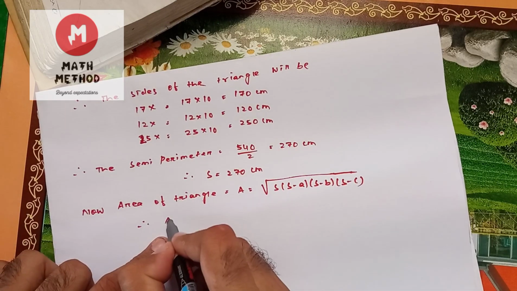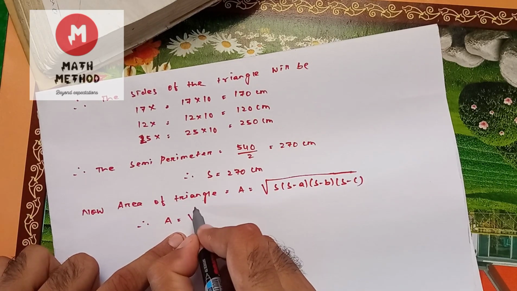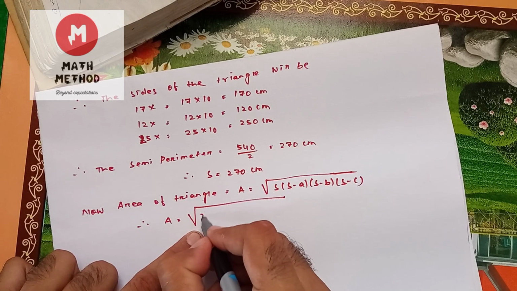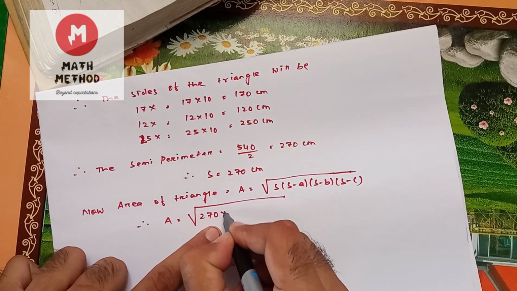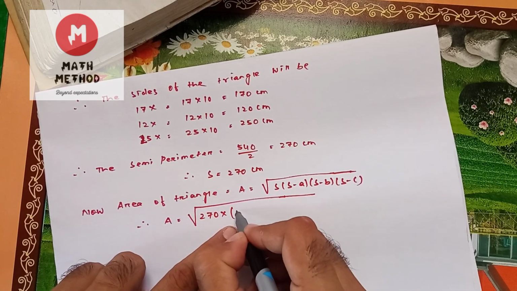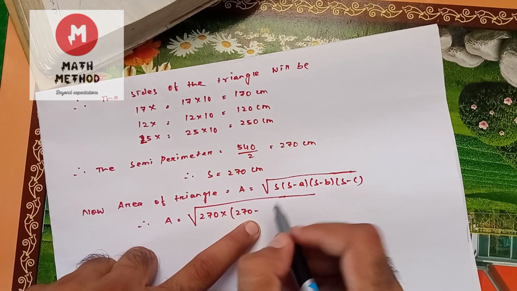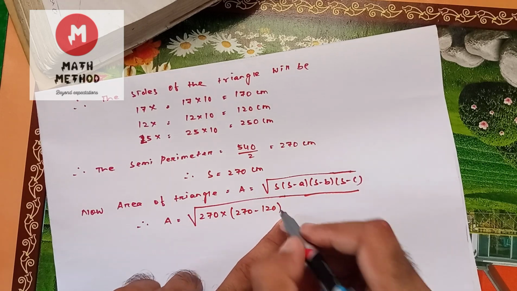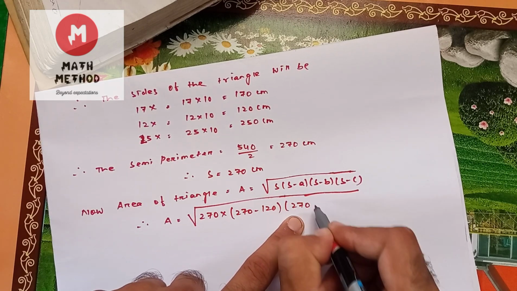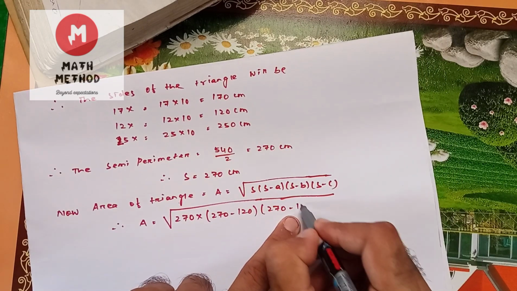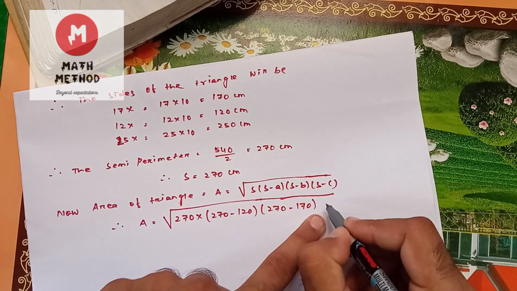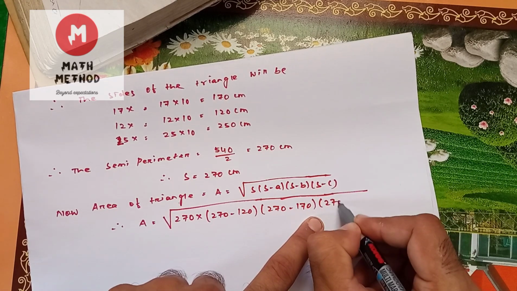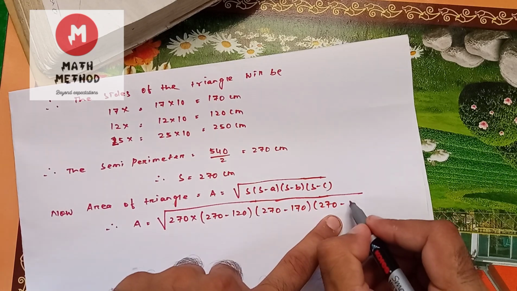Therefore A is equal to root over, here s is equal to our 270 into 270 minus, here a is equal to 120 into 270 minus 170, and another side is 270 minus 250.